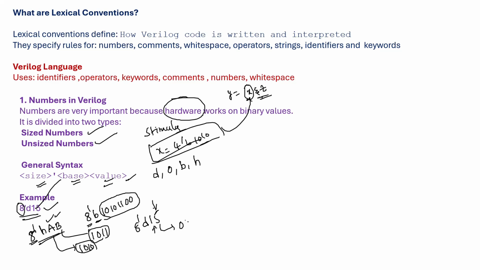So 5 you can represent as 0101, and 1 you can represent as 0001. Then for 4'hD1, if you are to represent 4'h only, one number only can be represented: 4'hD2, 4'hD5, 4'hD7, 4'hD8, in this way. Up to 9 you can represent that.